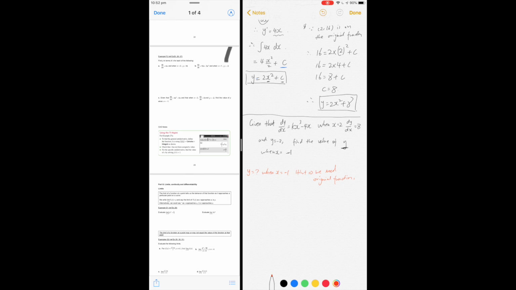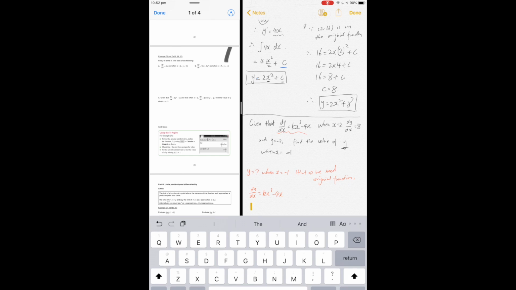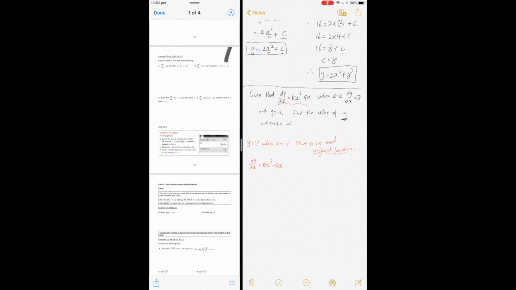But we don't have the original function. We only have the derived function dy by dx equal to kx cubed minus 4x. So since we need the original function, we can use the anti-differentiation rule to find it.